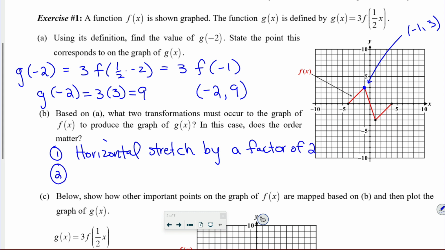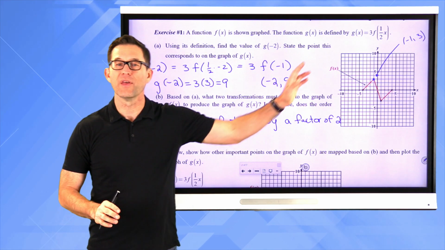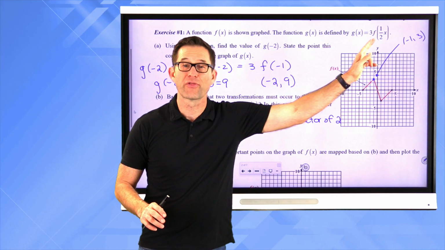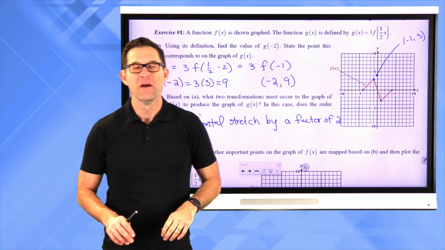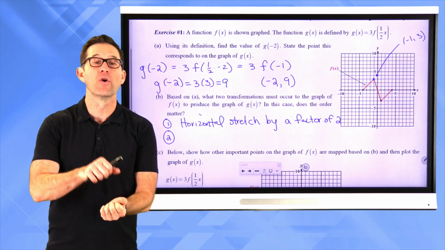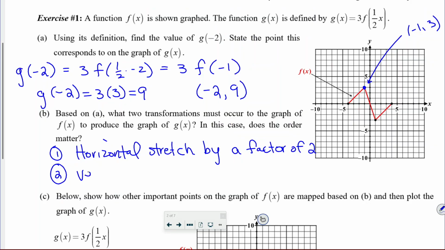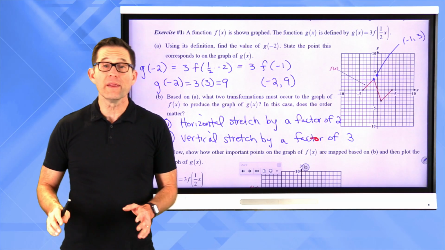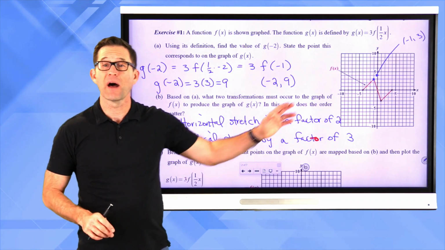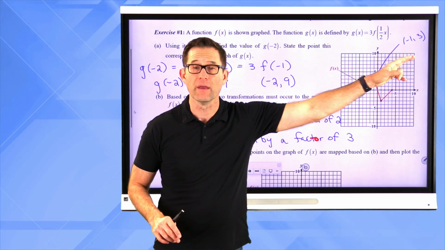And number 2, because we're multiplying the overall function f of x by 3, we're getting a vertical stretch by a factor of 3. So let's write that one down as well. A vertical stretch by a factor of 3.